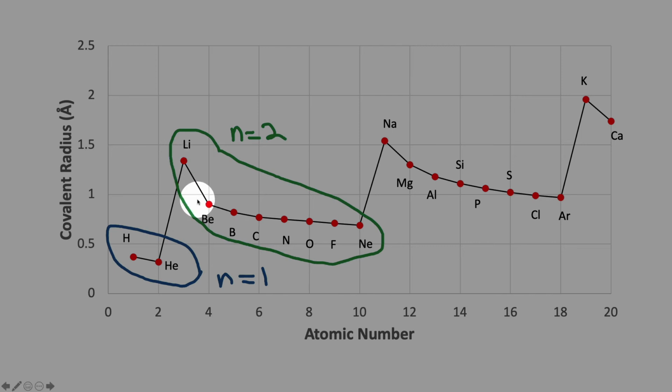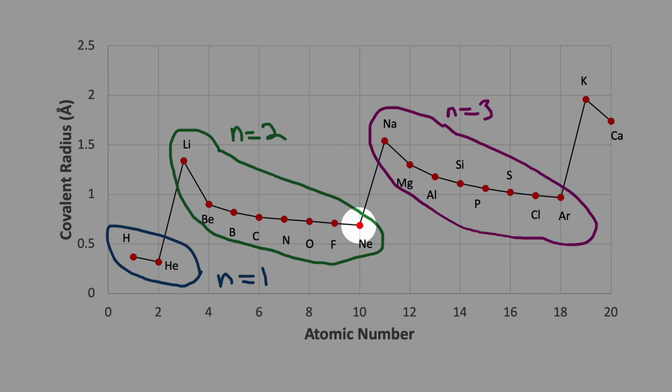So here's lithium, here's beryllium, here's boron, here's carbon, nitrogen, oxygen, fluorine, neon. And then neon is the very end of valence shell n equals 2. So the next set of elements are in n equals 3. And you can see sodium, magnesium, aluminum, silicon, phosphorus, sulfur, chlorine, and argon.